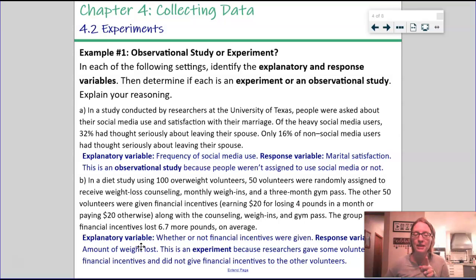We can tell because of our 100 volunteers, they were specifically assigned into two groups where we gave them specific treatments, either the financial incentives or not. Okay? Once you've written down those two examples, one of an observational study, one of an experiment, let's go on to talk about a couple other vocabulary words specific to experiments.